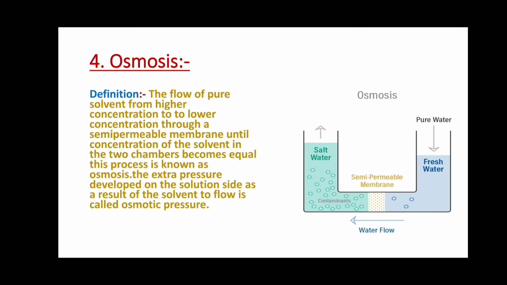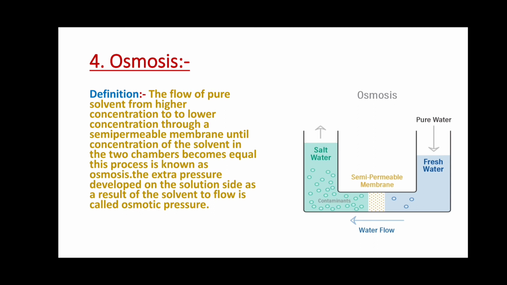So the flow of pure solvent from high concentration to lower concentration through a semi-permeable membrane, until the concentration of the solvent in both chambers becomes equal, this process is known as osmosis.